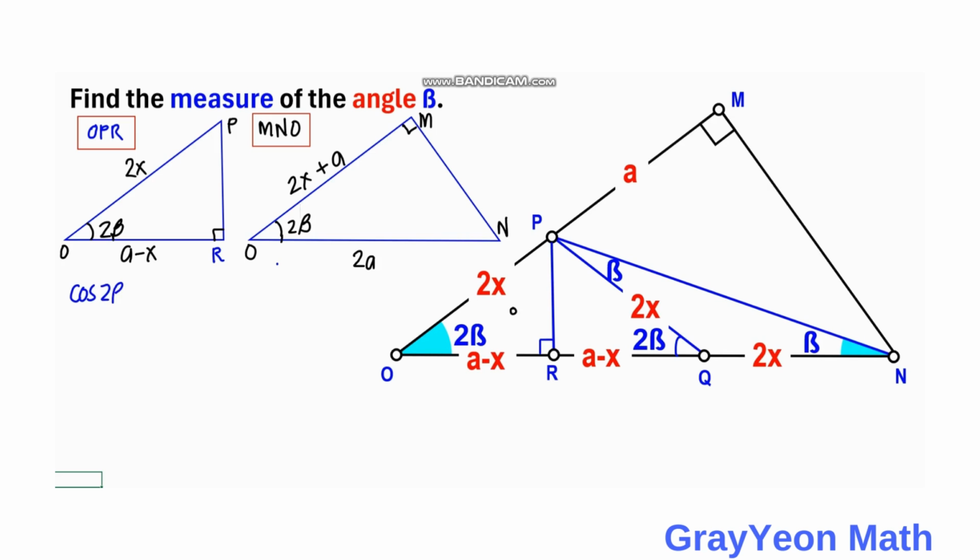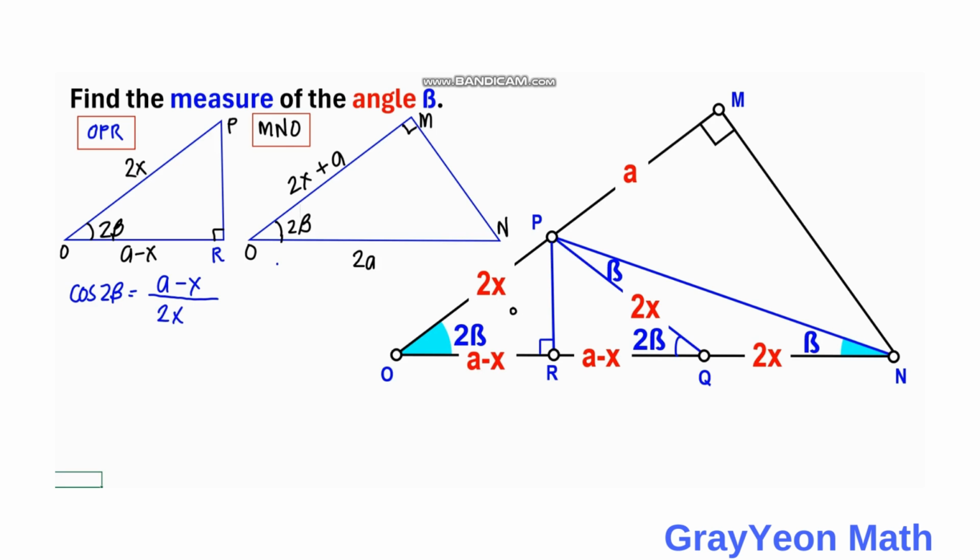For OPR, the cosine is adjacent over the hypotenuse, so this gives us a minus x all over 2x.